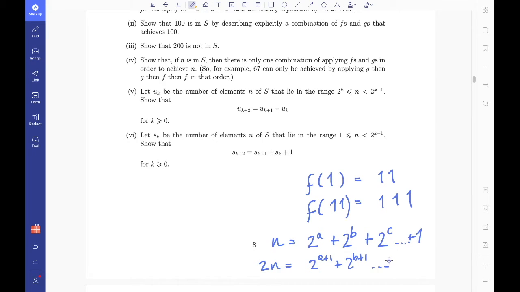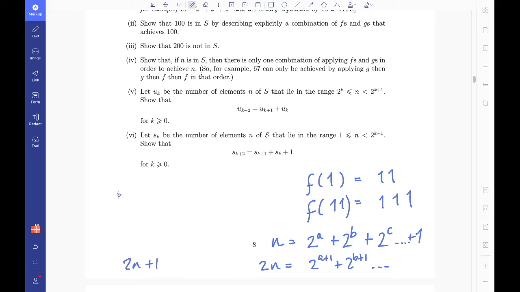So this shifts all the digits over and adds a 0 to the end. But 2n plus 1 would put a 1 in that last position that has a 0 in it. So the rule is that f adds a 1 onto the end of a binary number.